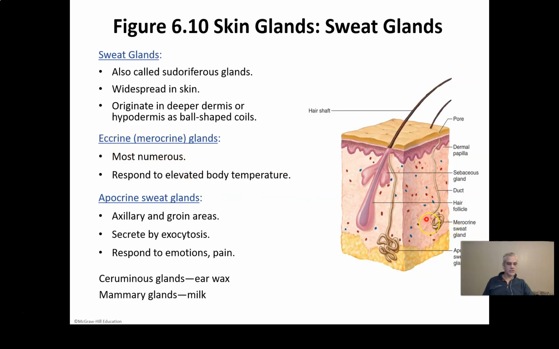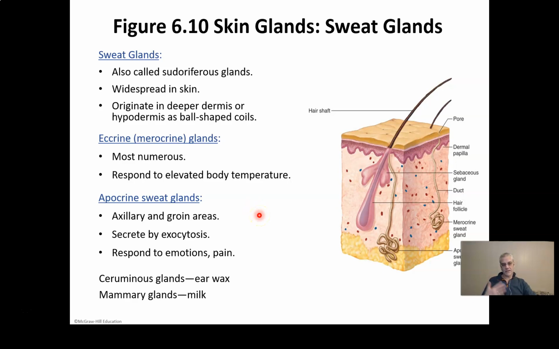It's tubular in shape, and it is not associated with a hair shaft. Now, that doesn't mean it's not near hair shafts. It's just not associated directly with a hair shaft. So it's over here, and it's got this coiled structure, and the sweat is manufactured and comes out through a pore in your skin in response to heat. So it's trying to keep you cool. That's the point of a merocrine sweat gland.